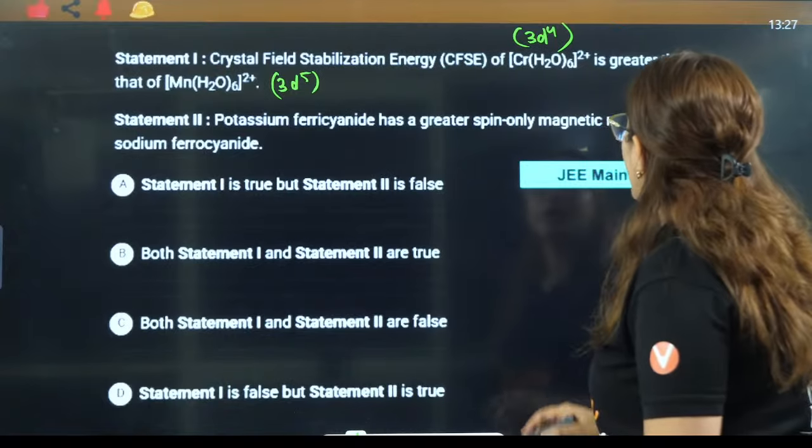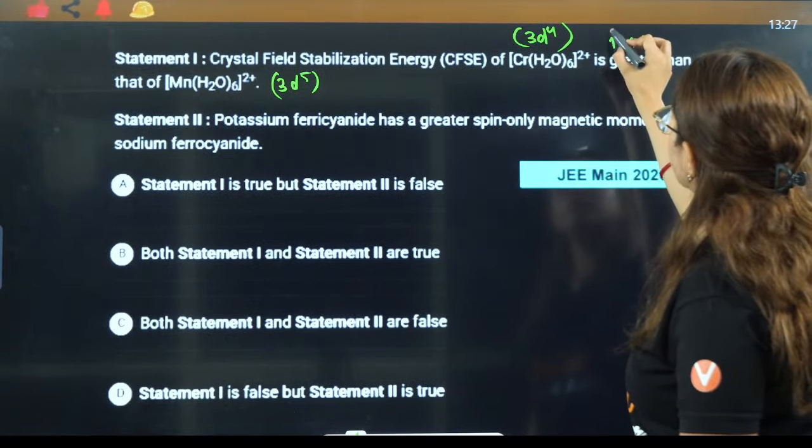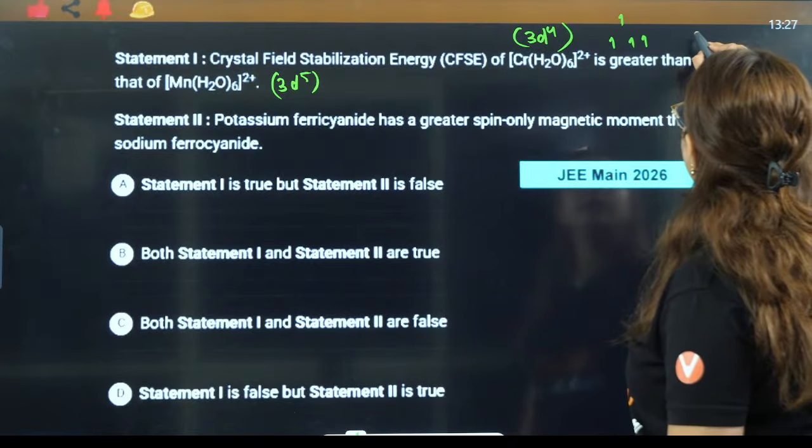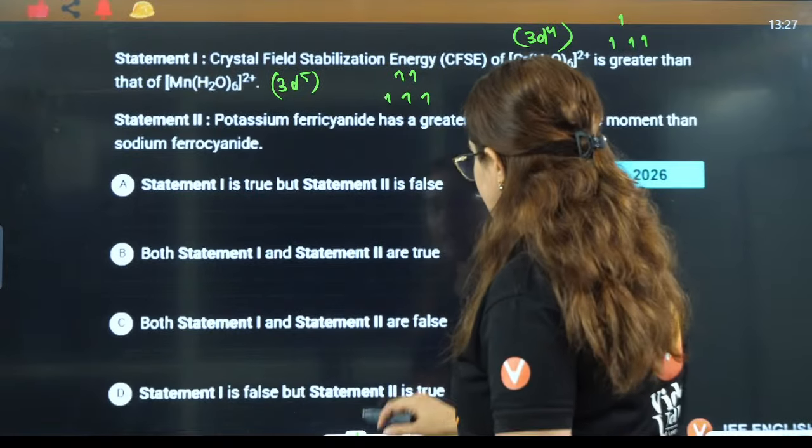Now in this case you will have 1, 2, 3 and the 4th electron here. In this case you will have 1, 2, 3, 4 and 5.